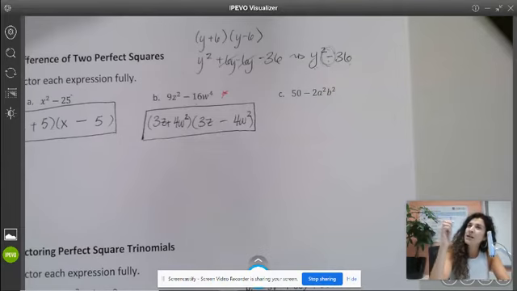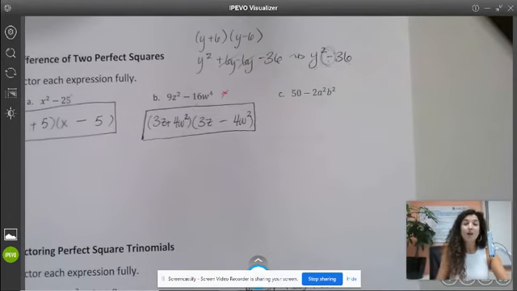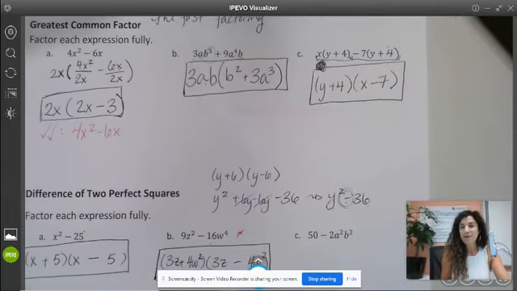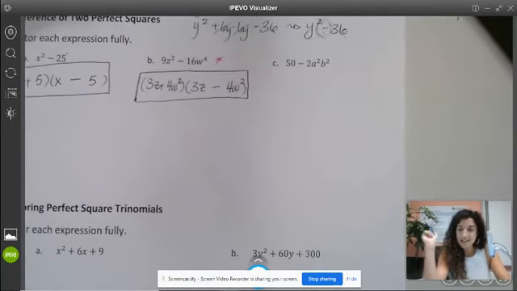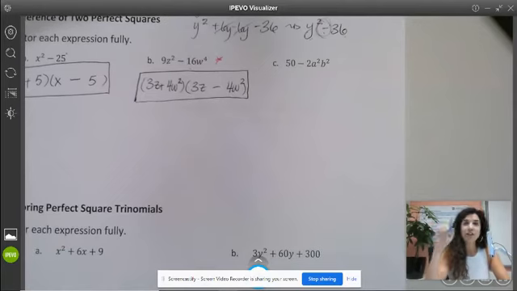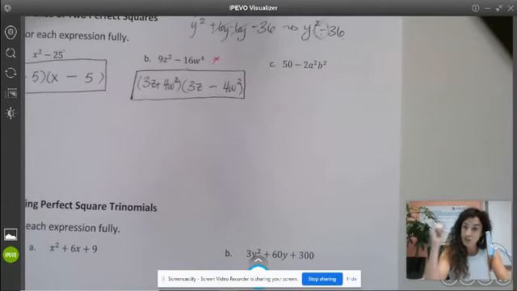Didn't Miss Connor say something about doing something first always? You always need to look for your greatest common factor. That was your first test. Did you catch it? You always need to check for your greatest common factor first. So go in and take out your greatest common factor, which in this case is just 2.